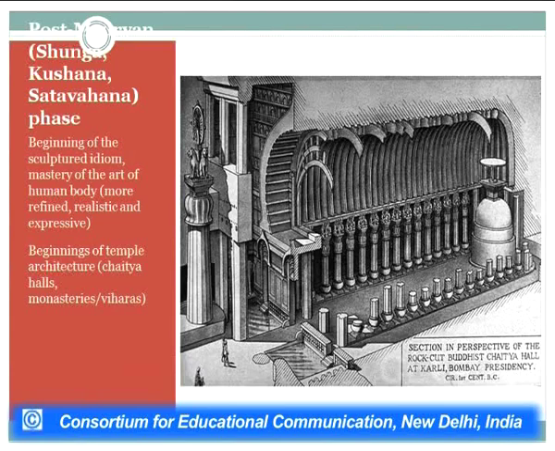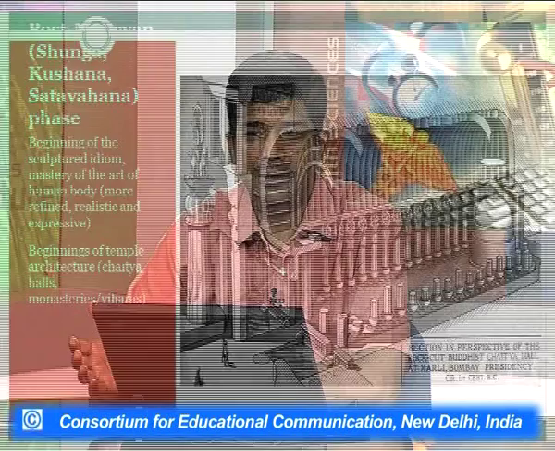This is a cross-sectional view of the Karle Chaitya, and subsequently this went on to become the sculptured idiom of Indian architecture. In fact, this is the beginning of the temple architecture that we get to see in profusion in the Gupta and post-Gupta period. So the huge monoliths that we get to see in South India in the early medieval part of our history actually in architectural sense made their beginning here, and this is an example of that.